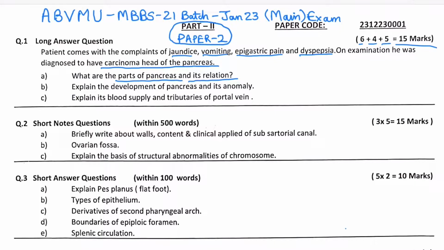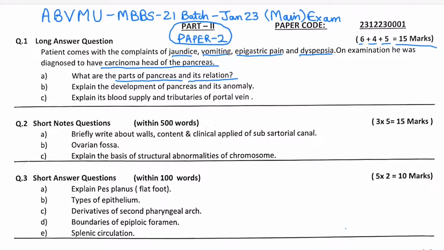And the anterior relations, you can write, of course, I just told you, the first part of the duodenum, then the transverse colon, and of course the loops of the jejunum will also be overlying it anteriorly. Remember that the pancreas is completely a retroperitoneal organ, and over this is the lesser sac of peritoneum. So it is not in direct relation to these structures anteriorly. In between, it has a space that's called the omental bursa.